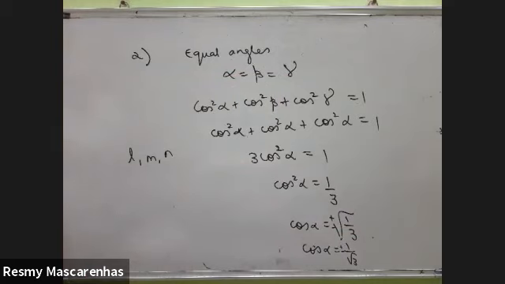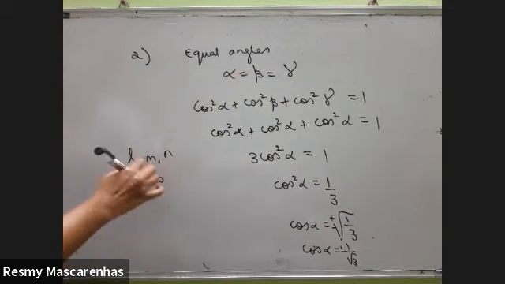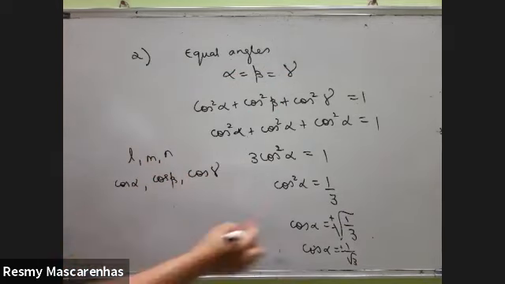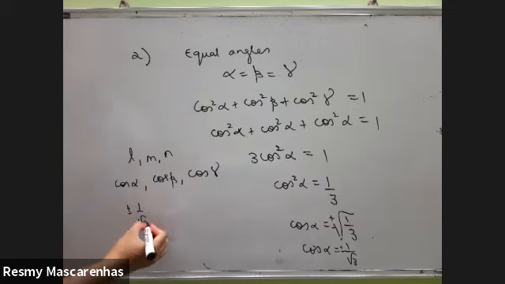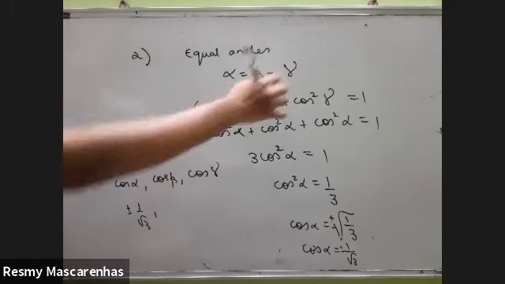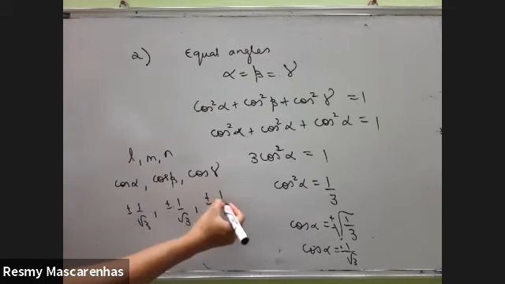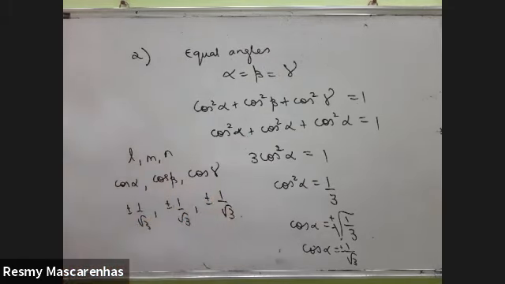So l is nothing but cos alpha, m is cos beta, and n is cos gamma. Cos alpha you have got as 1 by root 3. In the same way all three are equal. This will be your answer.